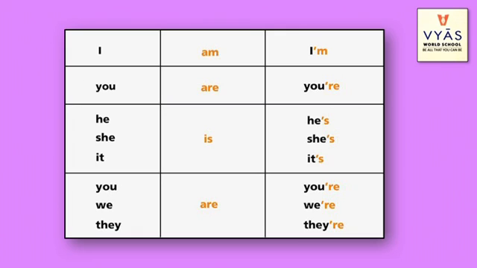So whenever we put an apostrophe, that means some letters have been taken away from that place. So this is the way we write contractions, or short forms, in English grammar.